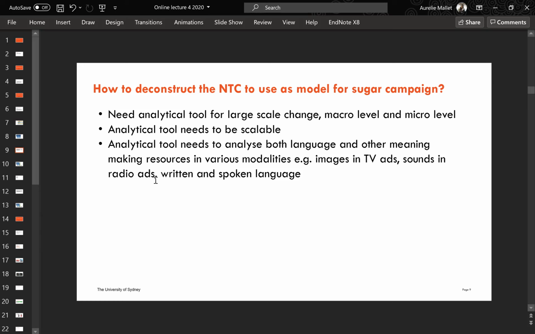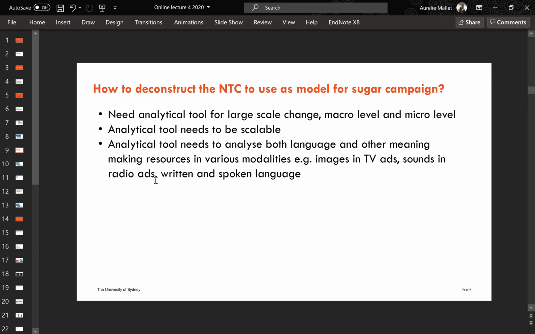So I realized that I needed to have a set of analytical tools that I was going to be able to use to look at large-scale change, to look at the macro level, and to look at micro levels. I needed analytical tools that were scalable across those three levels.